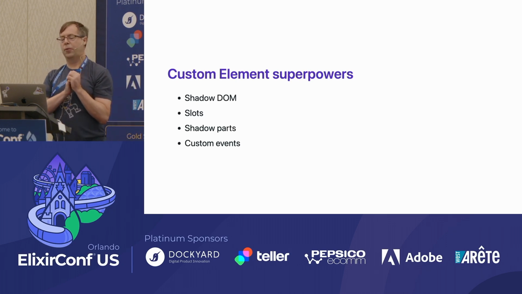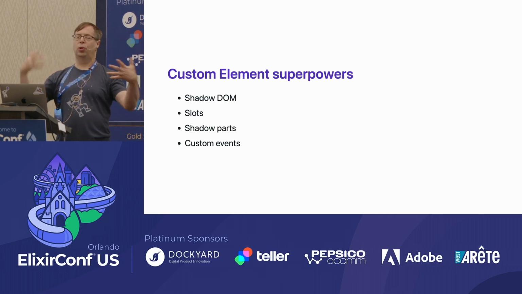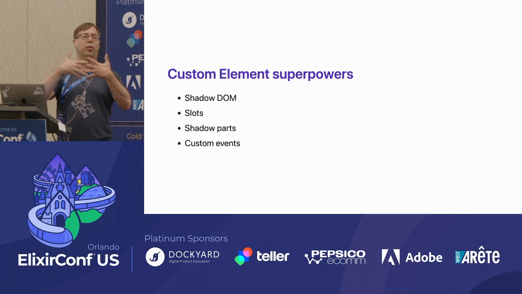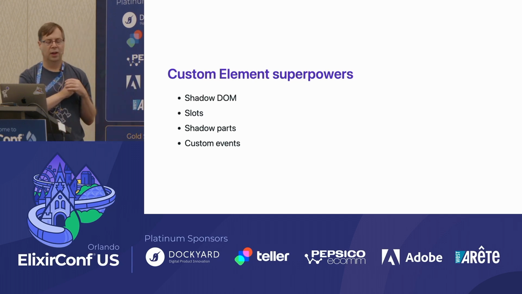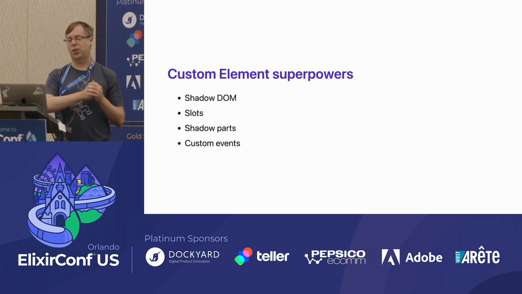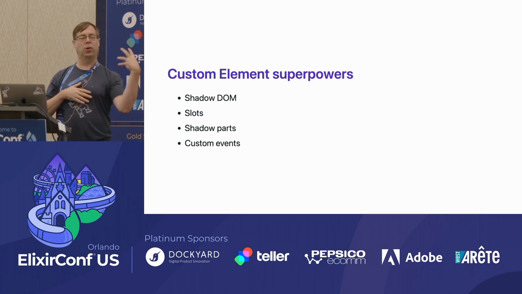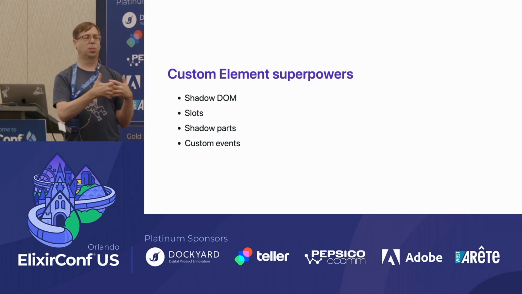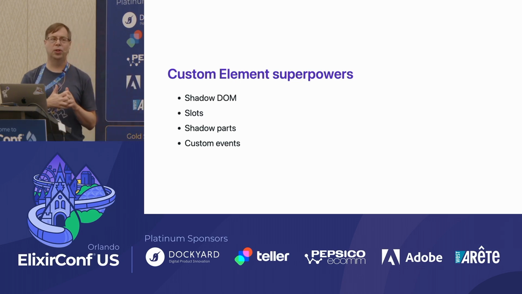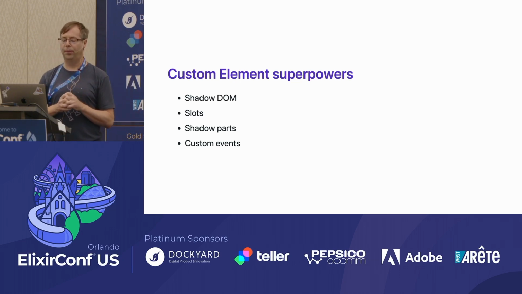You also have slots, which give you the ability, if you're defining an element, to control what's in the middle of you and how it renders. So the inner content of your element that the page author puts there, you can decide how to render that. You have shadow parts, which give you the ability, if you're authoring a custom element, to provide hooks for somebody to style individual pieces of your UI to the precise extent that you want, which is a really powerful tool.